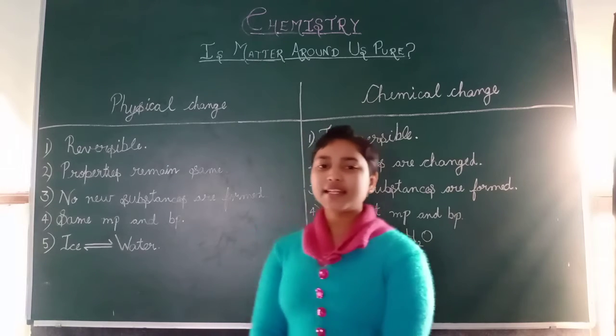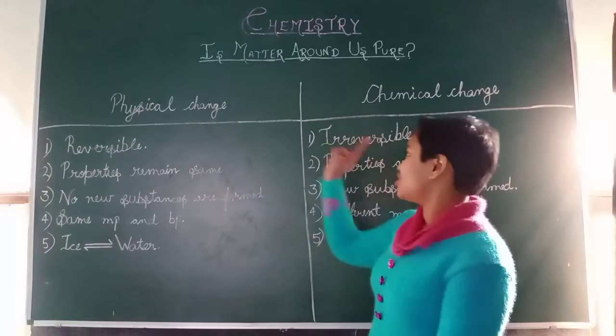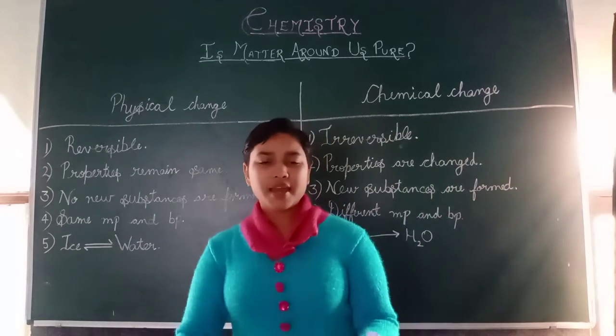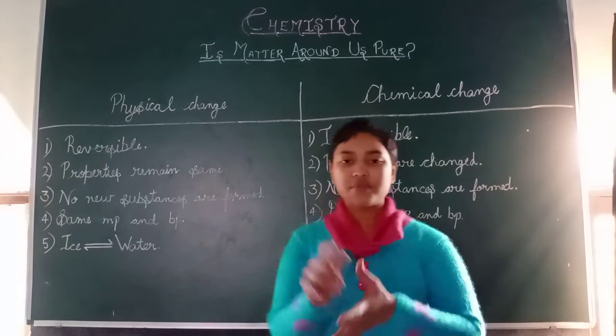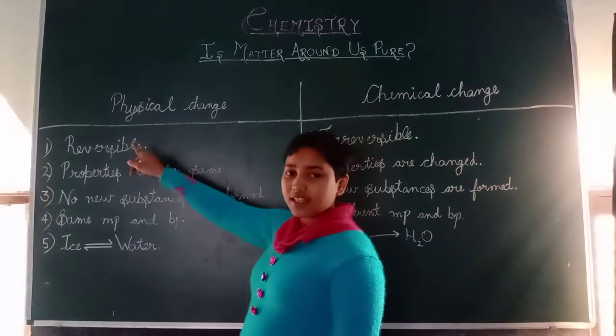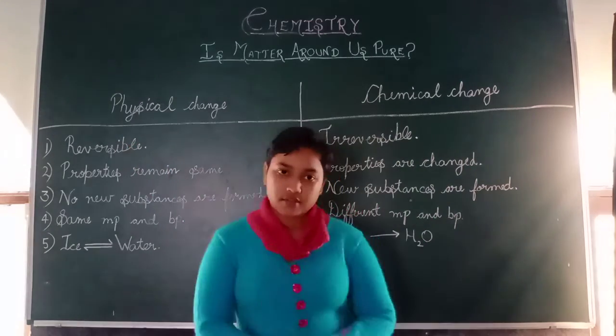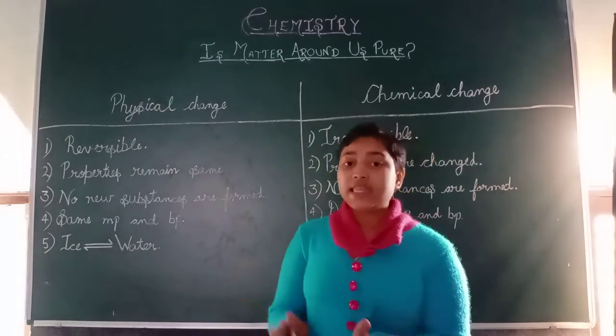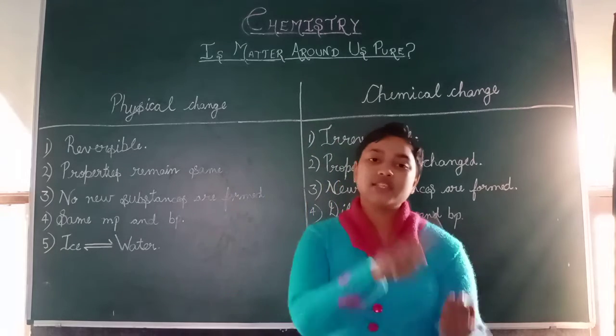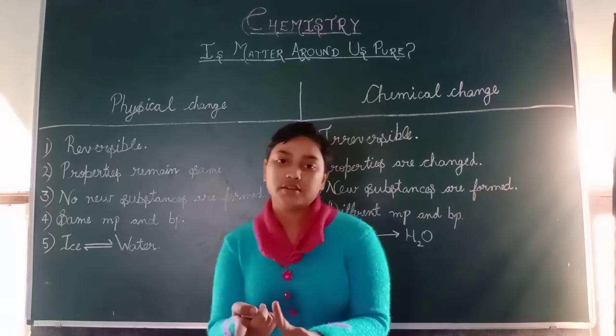So let's see what the differences are between physical change and chemical change. What makes them different from each other? Physical changes are reversible, meaning they can be brought back into the same category as they were.